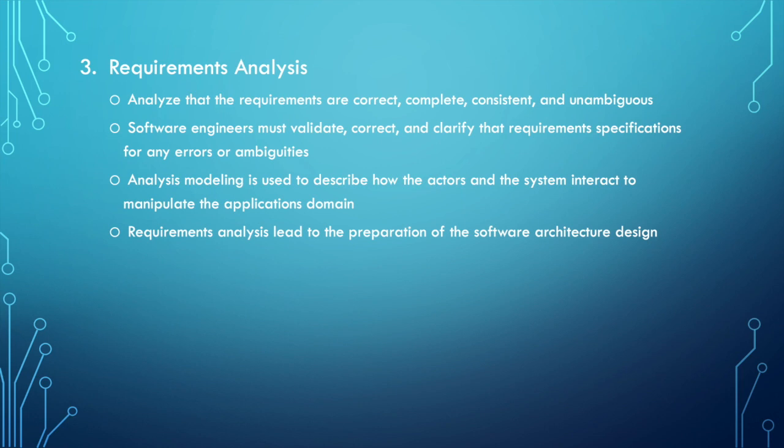So this UML diagramming is very, very important. It's a very important tool in our analysis. And the advantage of doing requirements analysis is that it will lead to the software architecture design.